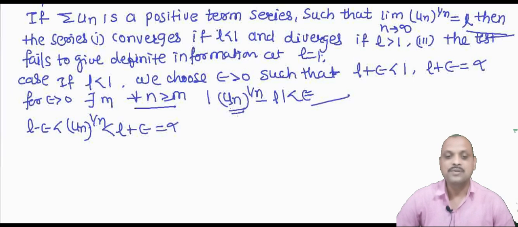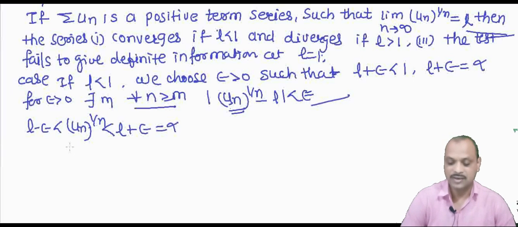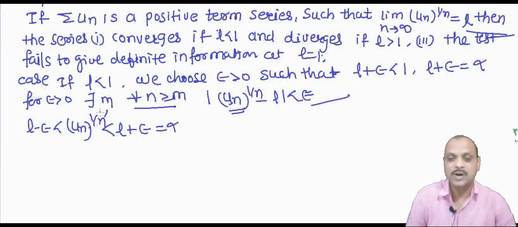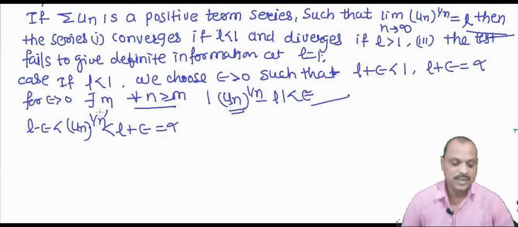Now consider the second part of this inequality, and take the nth power of it. So un is less than alpha raised to n, for all n greater than or equal to m.